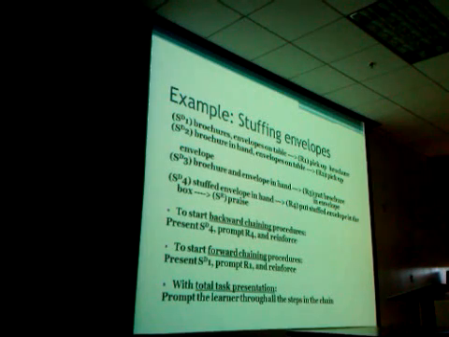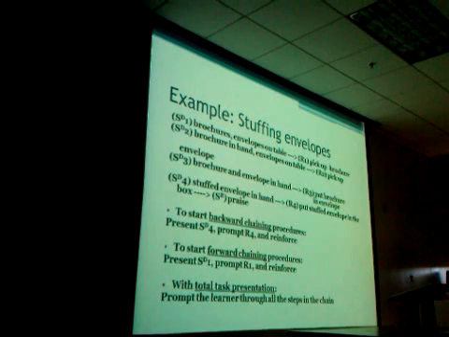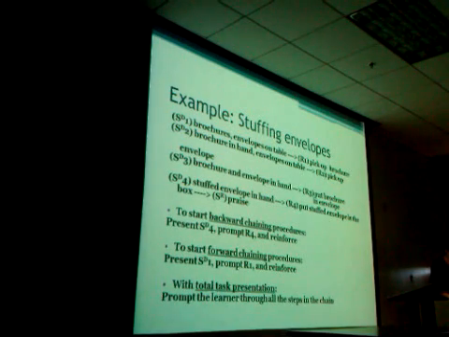Here are some more examples, and this is in your book. Stuffing envelopes. They've already written out a task analysis for stuffing envelopes. They've identified the SD and the SR component.